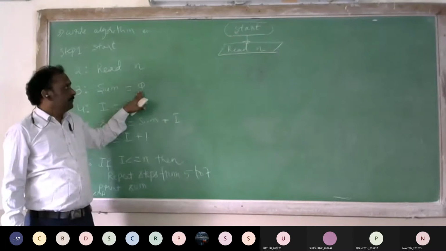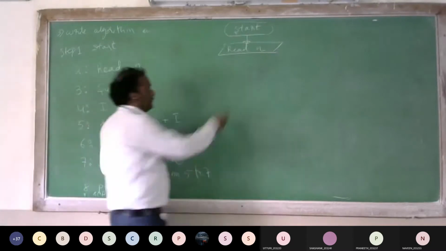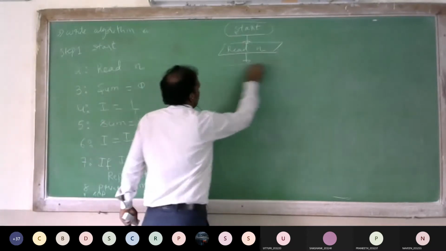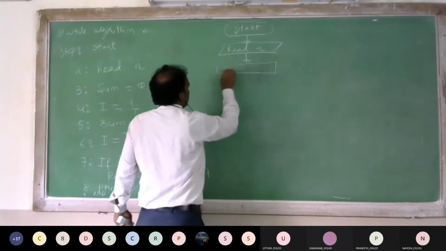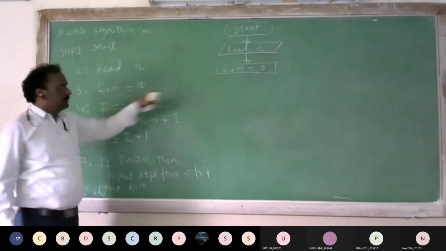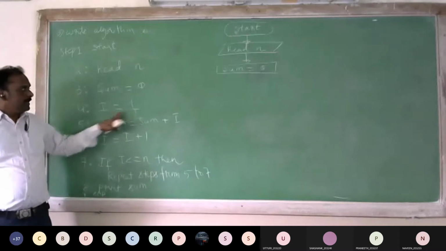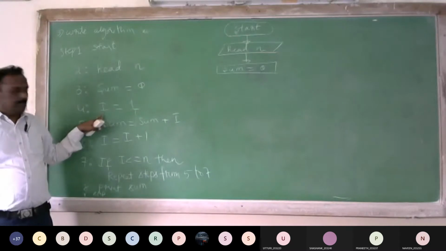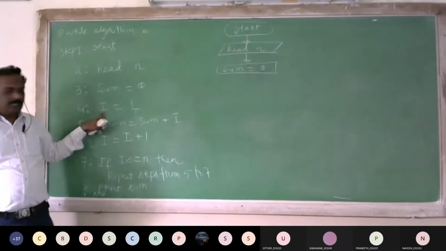Read N value. Sum is equal to 0. So this is the calculation part. For the calculation part I am using the rectangle. I is equal to 1. This is also a calculation part. You are assigning 1 to I.